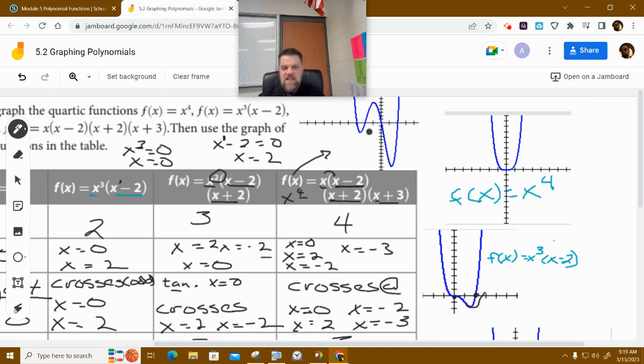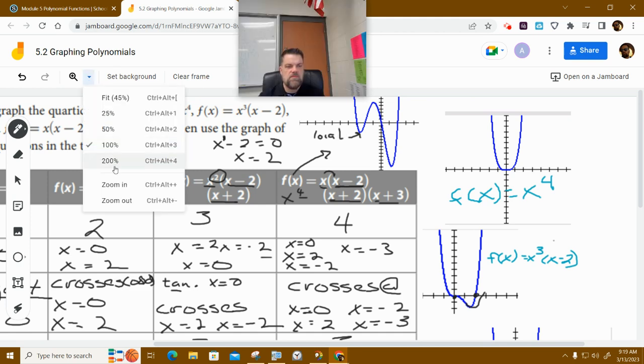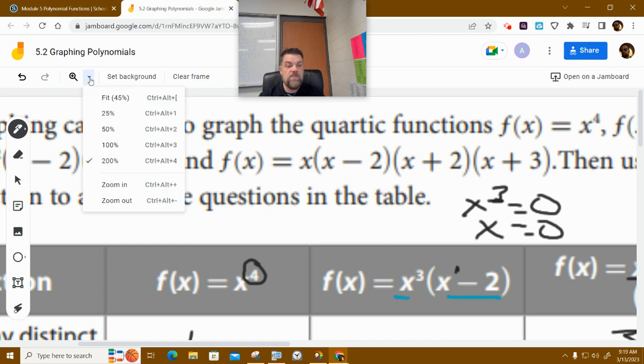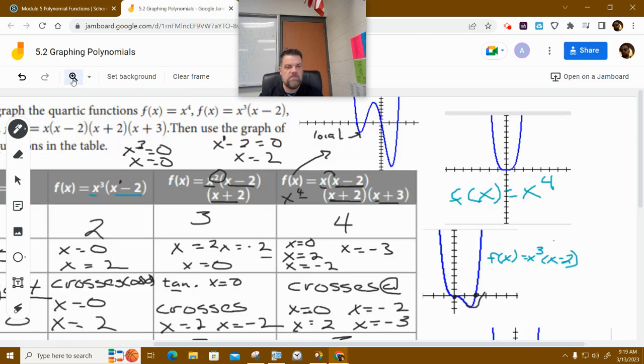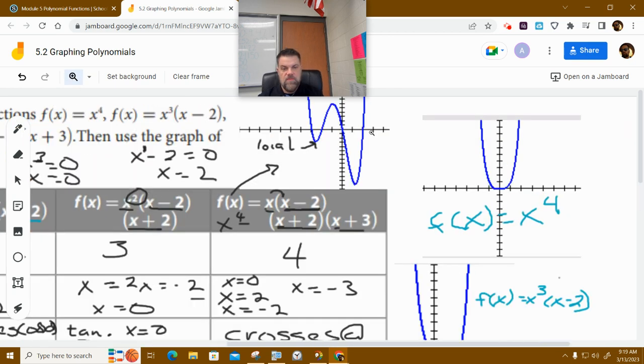And one thing we haven't done yet, and I'm going to write it this way. This is what we call a local, let me write it so you can read it.